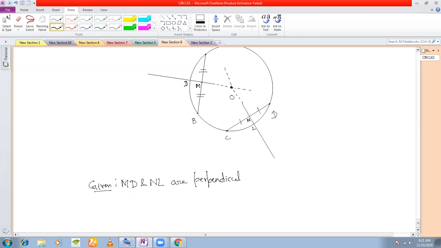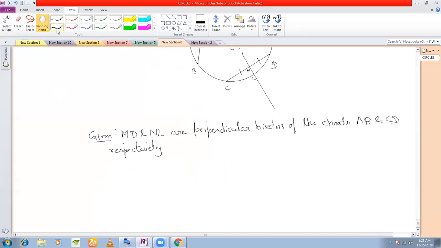This is given to you, and these are perpendicular bisectors of the chords AB and CD respectively. What can you conclude?